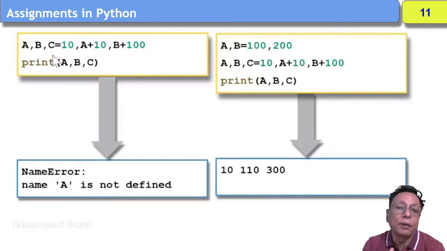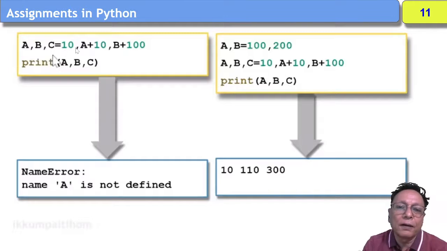But there is a problem which we have to observe very minutely. Normally, we'd say A will have 10, B will have A plus 10, and C will have B plus 100. But it is not like this. A will have 10, but at this juncture, in A plus 10, A is not having any value, because A takes its value from this place only.